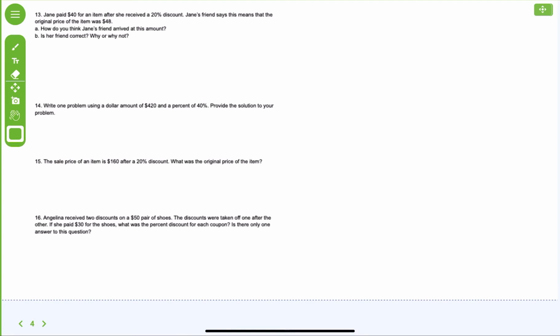Well, if I think correctly, I'm starting with 40 here. 40 times 20% is equal to what? What is 1/5 of 40? Well, what's 40 divided by 5? 8.